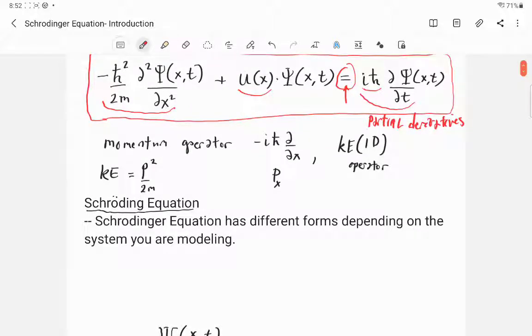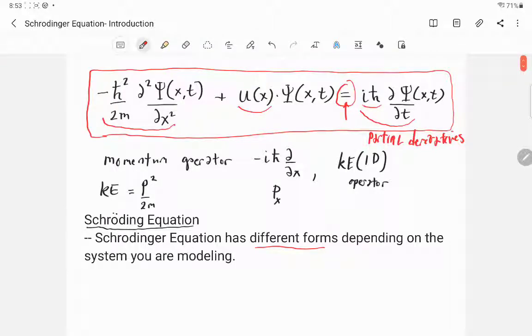So the Schrodinger equation is this differential equation, and it's going to have different forms depending on the system that you are modeling. For example, this function u of x that sits in Schrodinger's equation is part of what you're modeling.